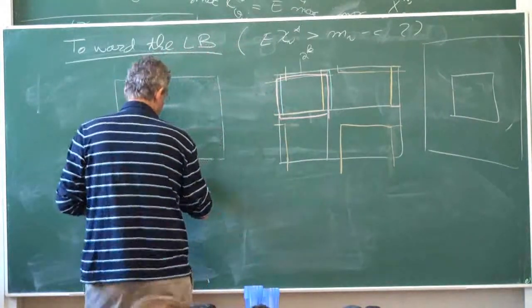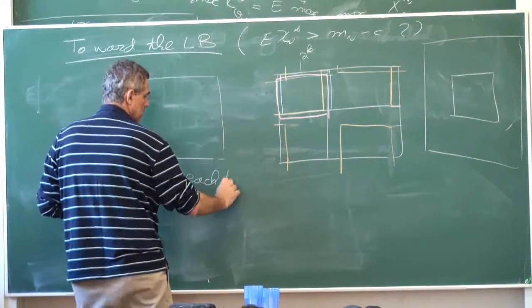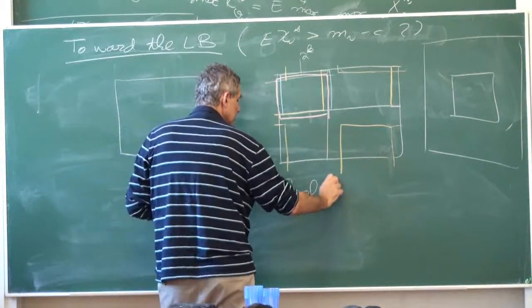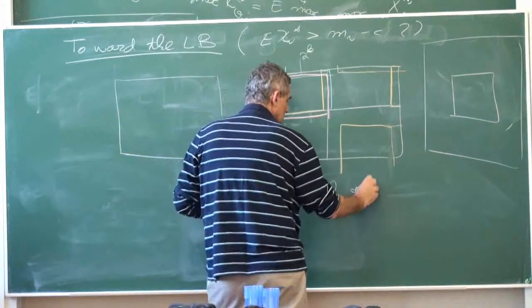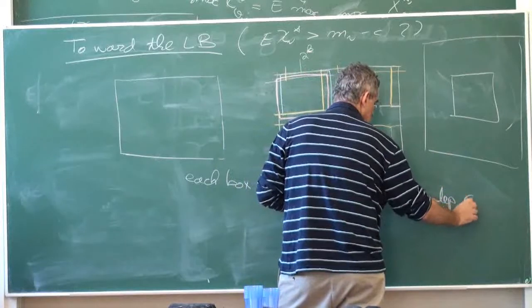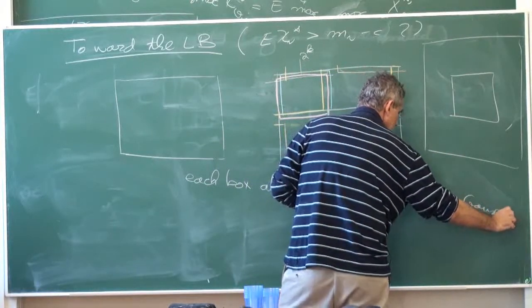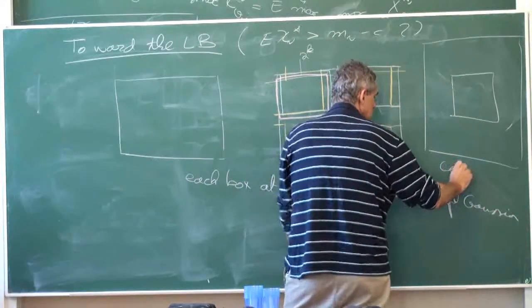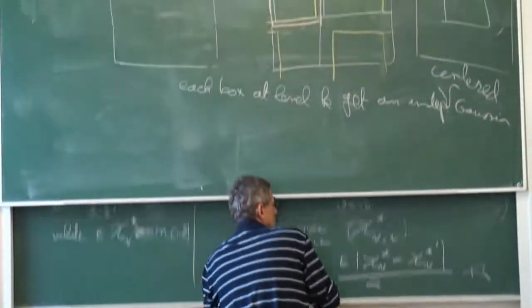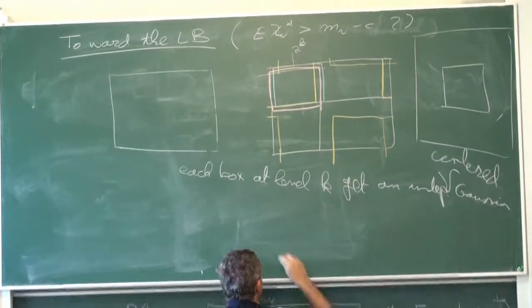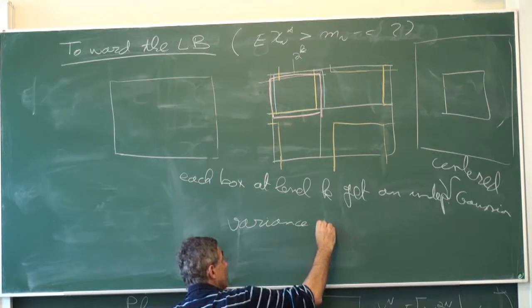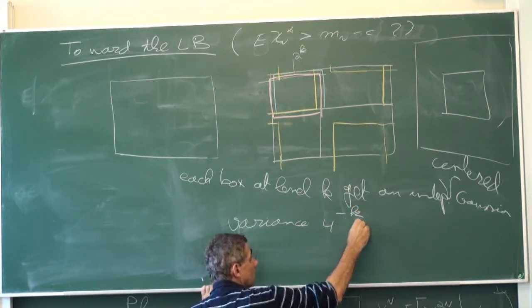So each box at level k gets an independent centered Gaussian with variance 4 to the minus k.